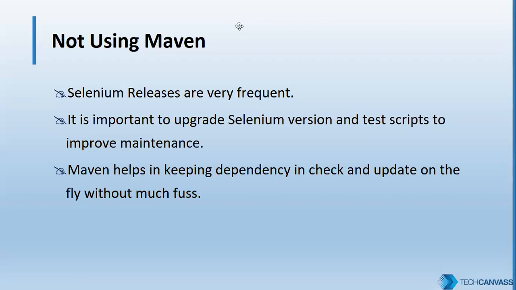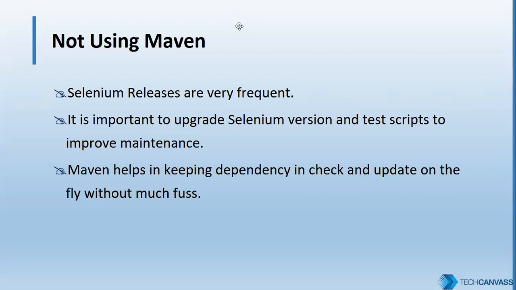So when we use Maven, we do not have to worry about downloading jars, setting up build paths, etc. We can simply mention a few lines in Maven's pom.xml, and all the dependency downloads will automatically be catered for once we deliver our project to other stakeholders as well.